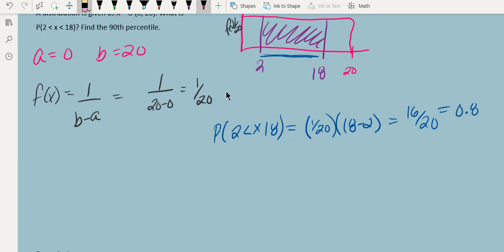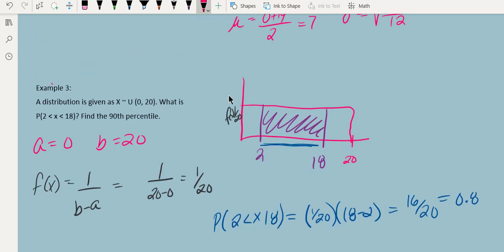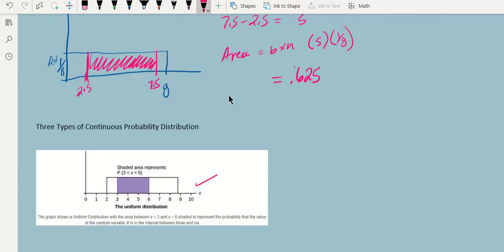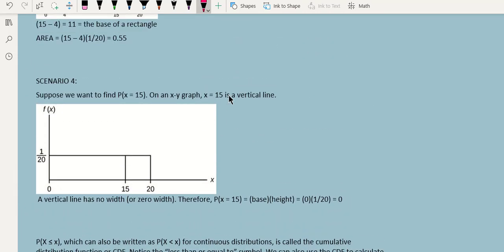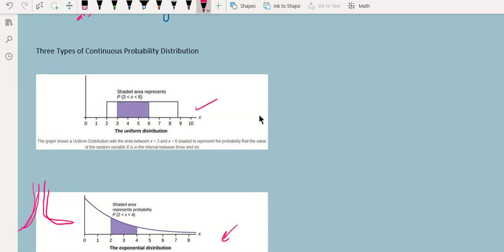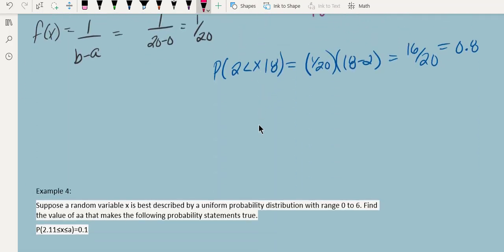So if we want to look at a percentile, this is an example where we are looking for a specific number. And you've got to read through some of your notes. This is going to deal with one of these where it equals a number, okay?